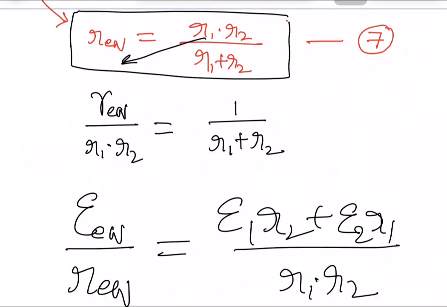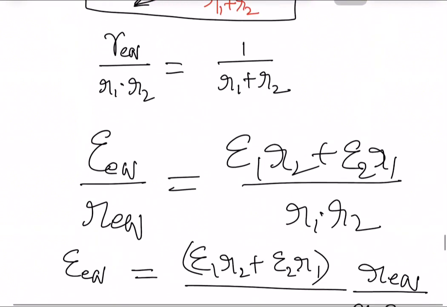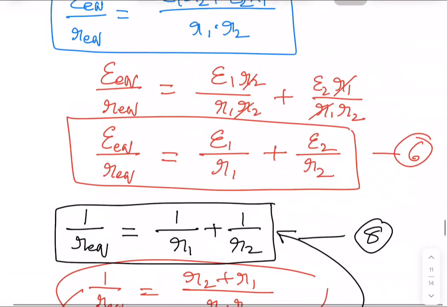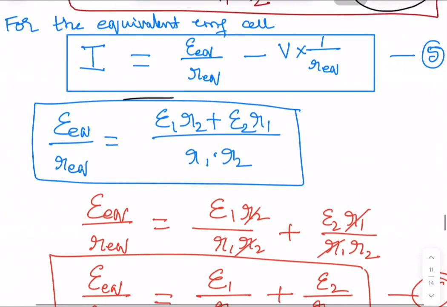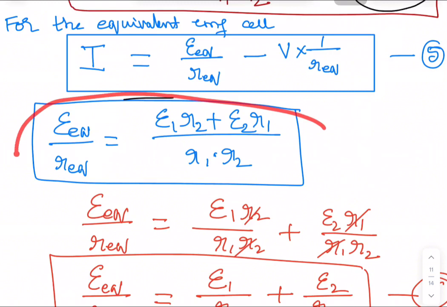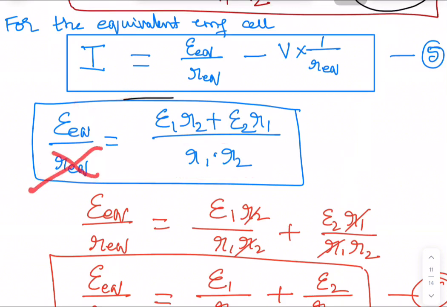Now, let us go back, and here you have got this equation. I want to replace R1, R2 and R equivalent. I want only E equivalent. I don't want this R equivalent and R1, R2. How can I replace this? Just cross multiply this here.